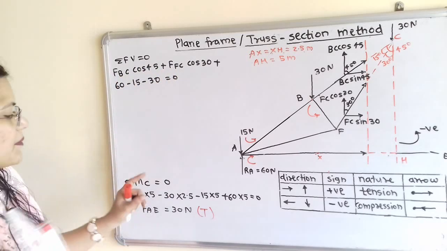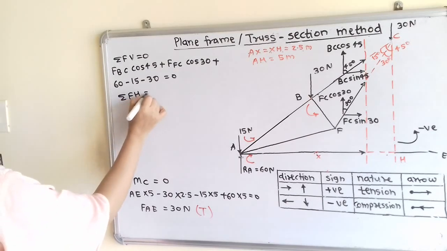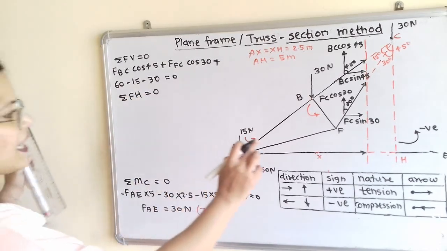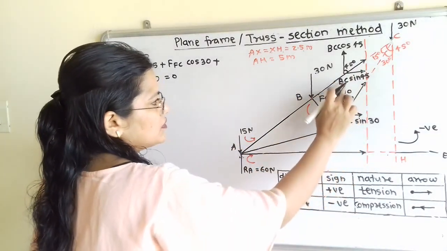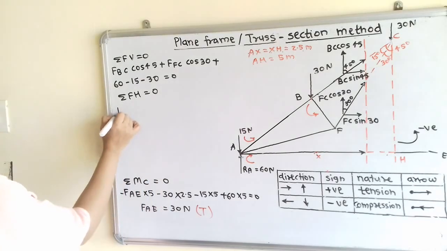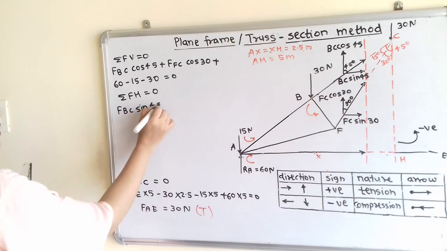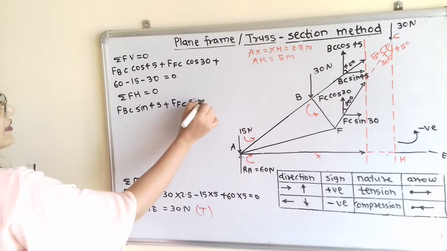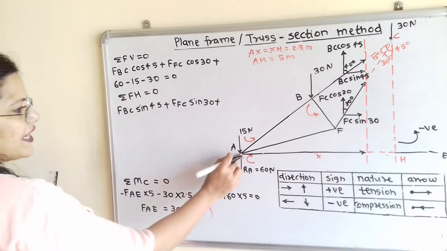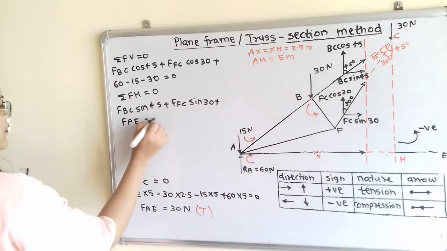Now we will move to summation of all horizontal forces is equal to 0. So which are the horizontal forces? So these three are the horizontal forces. So FBC sin 45 plus FFC sin 30 plus FAE, FAE is equal to 0.